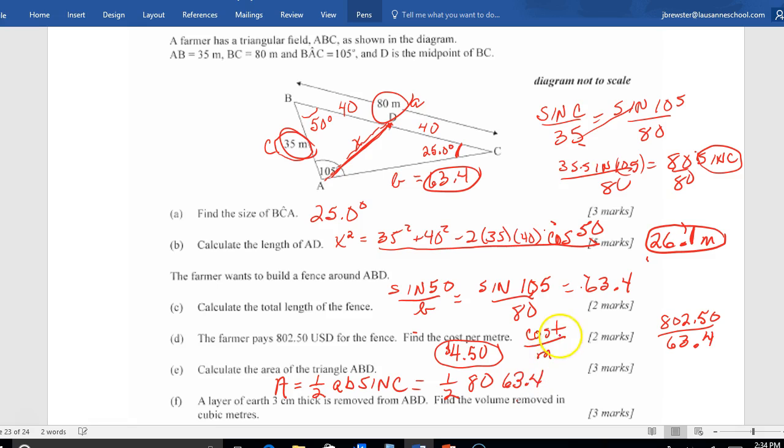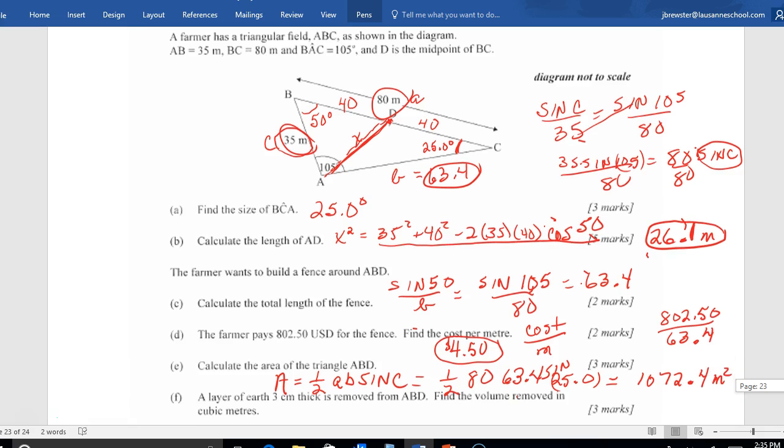The sine of C was 25.0. Whoops, I forgot to stick the word sine in there. So it's 1/2 times 80 times 63.4 times the sine of 25.0. Straight punch into your calculator. You should get 1072.4. Now that's area, so square meters are your units.